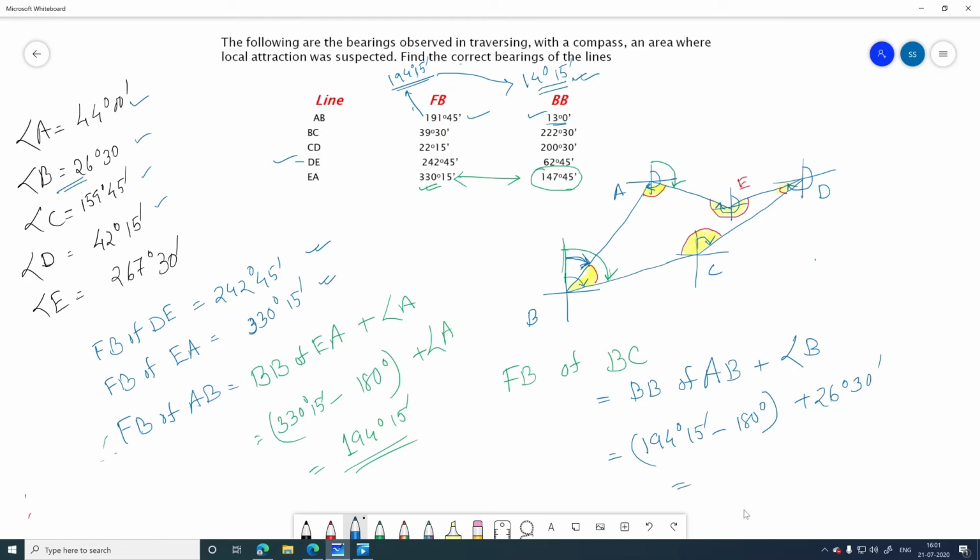So ultimately we get the value 40 degree 45 minutes. Okay, simple one. Now we will determine the forebearing of CD.